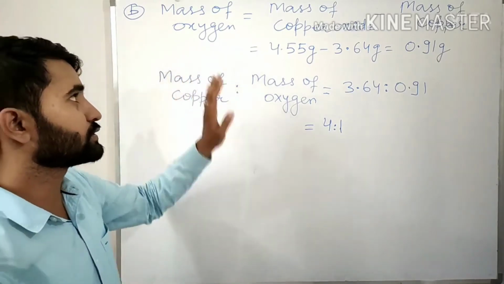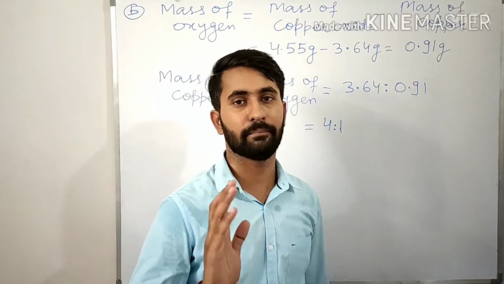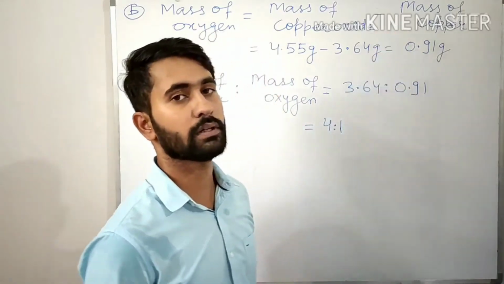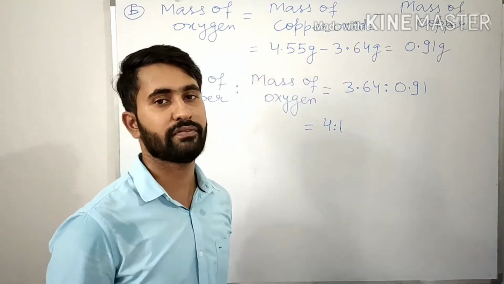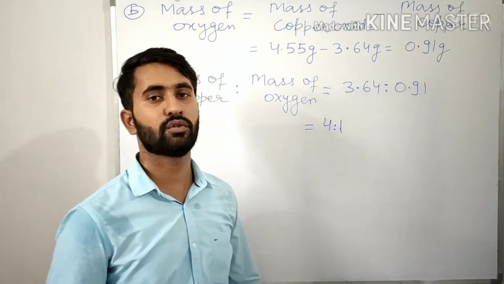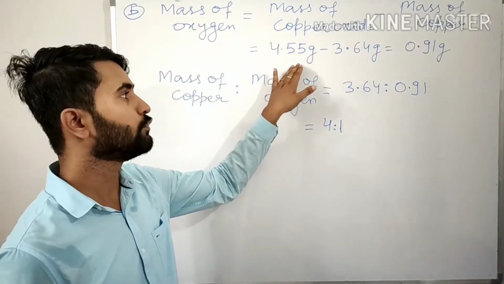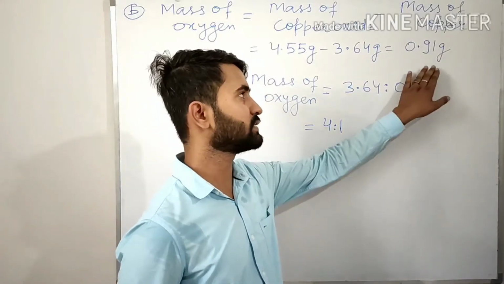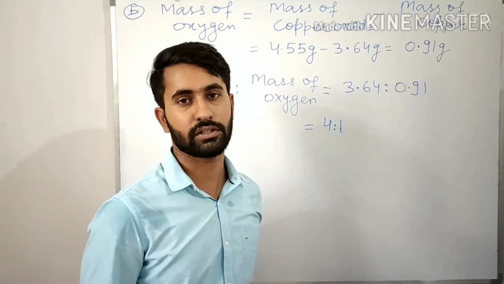Mass of oxygen will be equal to mass of copper oxide minus mass of copper. The mass of the copper oxide given is 4.55 grams and mass of copper is 3.64 grams. When we subtract 3.64 from 4.55, we get the answer 0.91 gram. So this is the mass of oxygen.